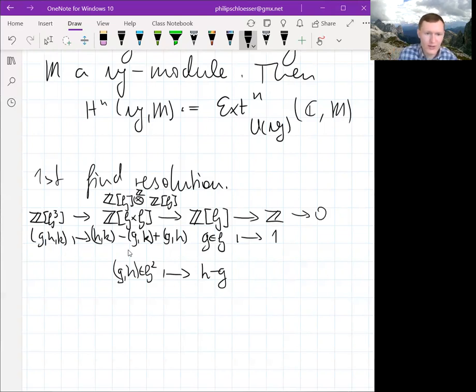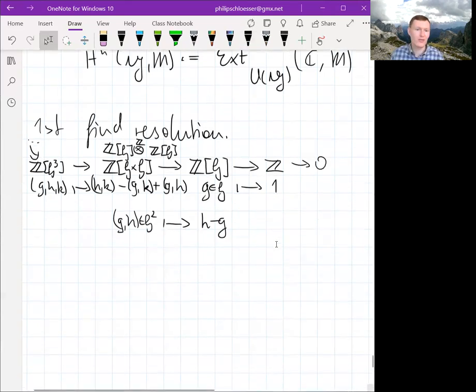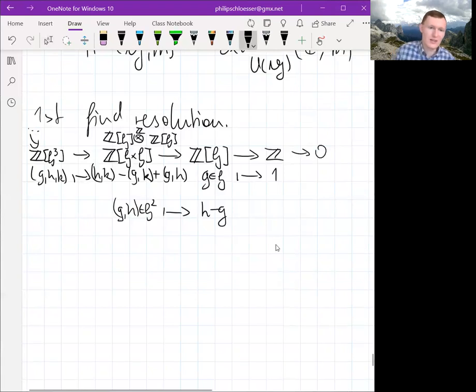And again, you can verify that this indeed is an exact sequence and carry on with higher powers of G there. There's a nice way to define these things, basically by taking a sum over all indices, omitting that one and taking minus one to the power i, but never mind. So this works. You just have to recursively go on there.